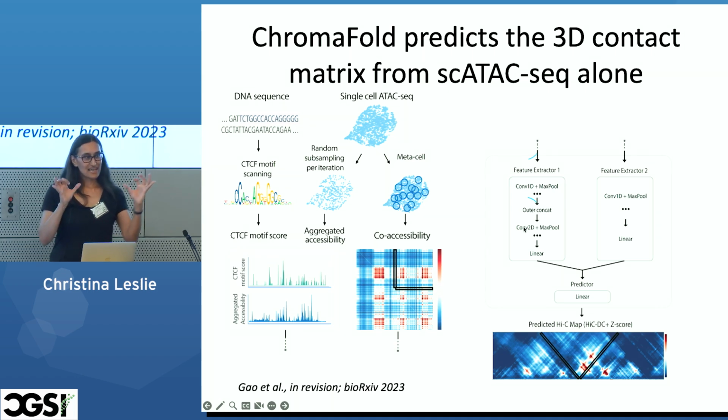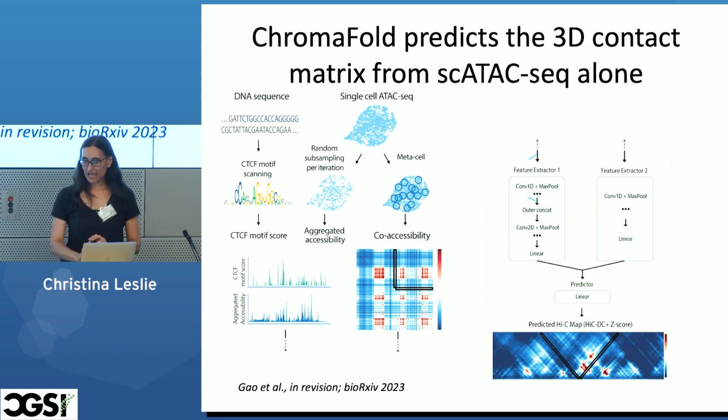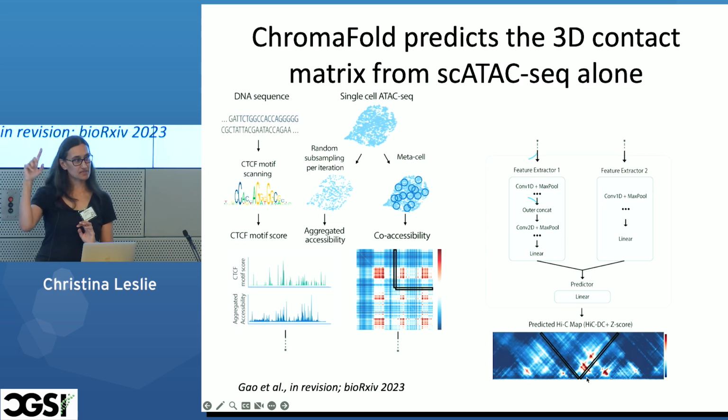In here is an outer concatenation of the 1D signal, so we're turning an L by C input into an L squared by 2C input. And then we're just predicting along this V stripe, and we glue the V stripes together.